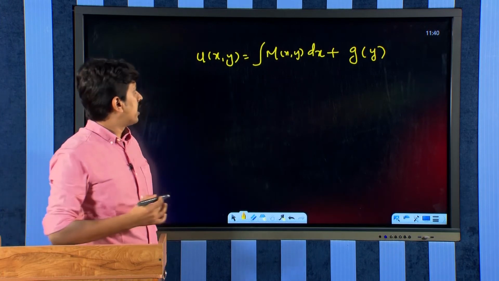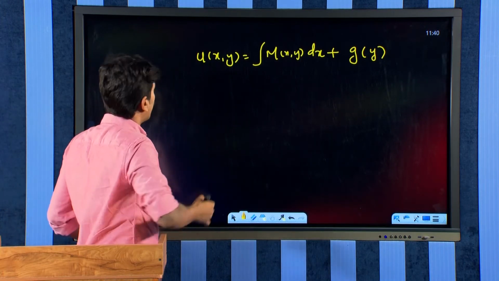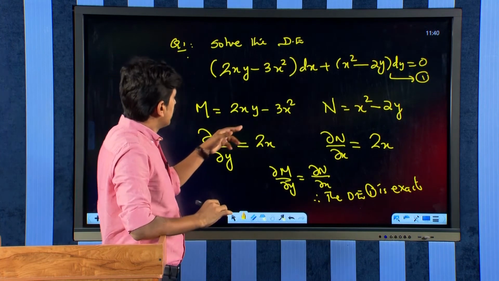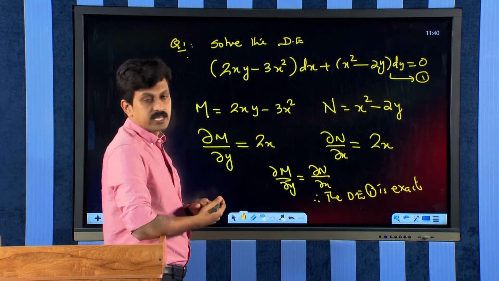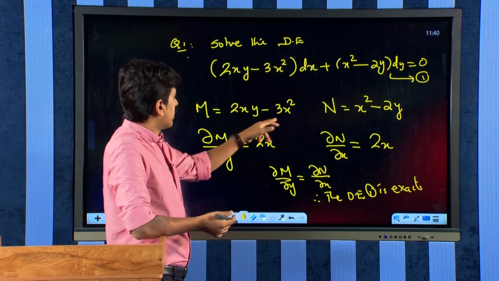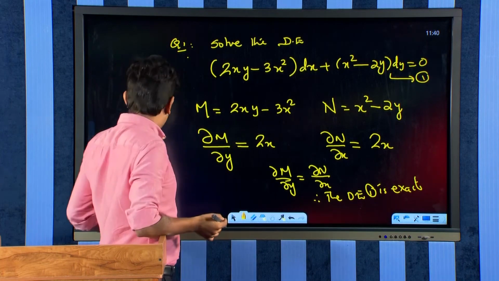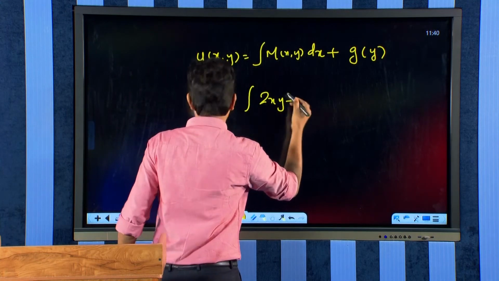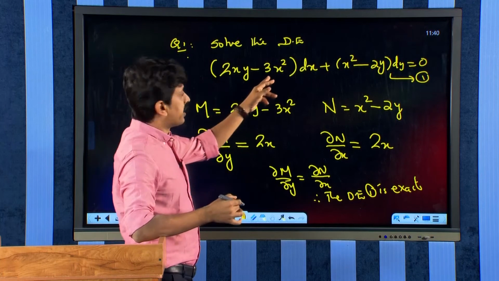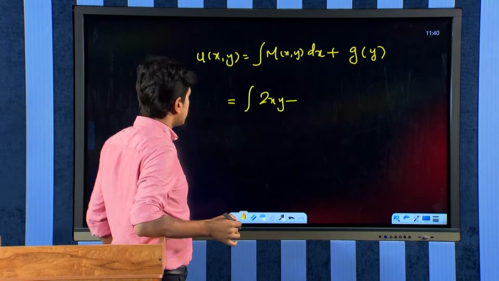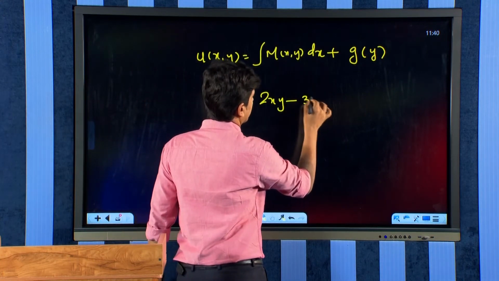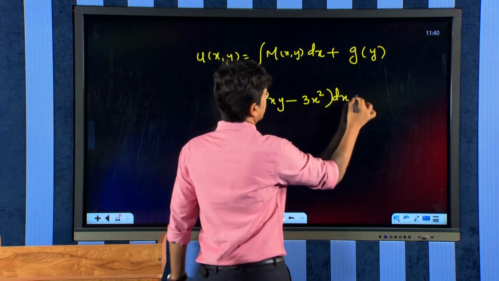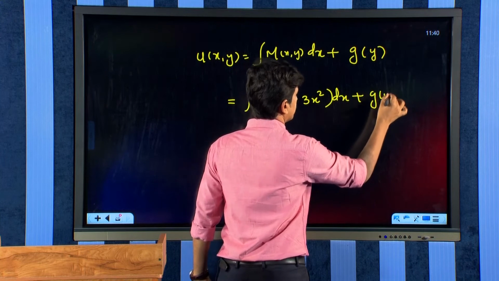So, the integral of M of x y dx is the integral of (2xy minus 3x square) dx plus g of y.